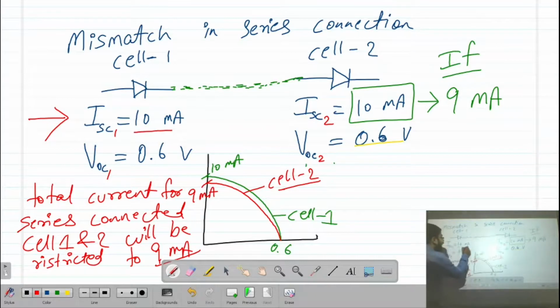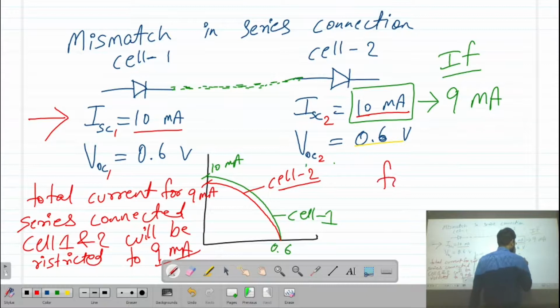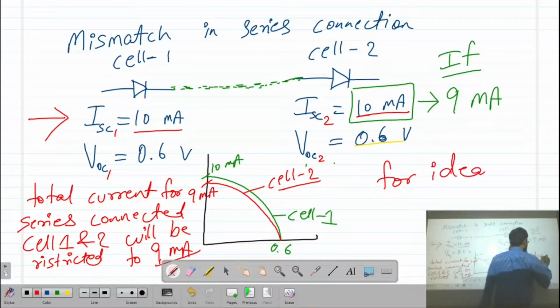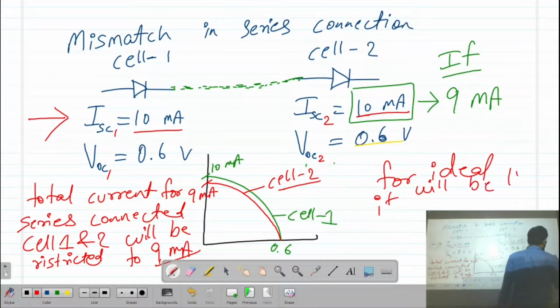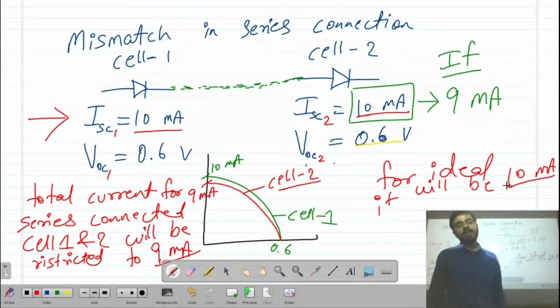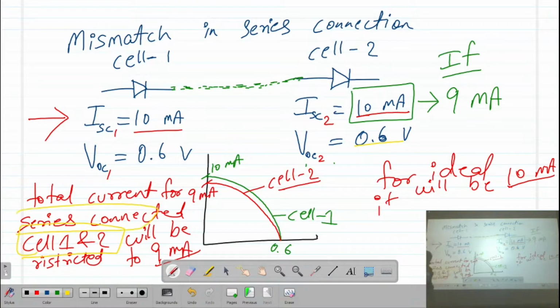If the ideal condition was having 10 milliampere, then for ideal it will be 10 milliampere. But if it is having this kind of mismatch in the current density, then the overall current of cell 1 and cell 2 in the series connection will be limited to 9 milliampere.